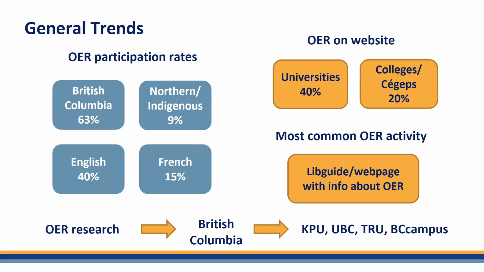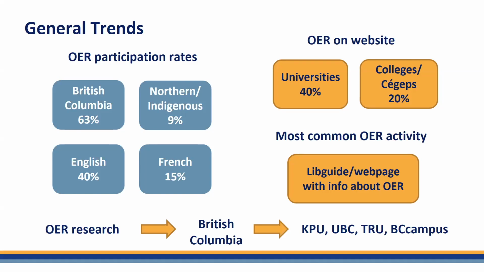In terms of the most common OER activity, we found that having a LibGuide or a web page with information about OER was the most common way that an institution was involved in some way with OER. At the very least, those pages explain what OERs are and also suggest sources for OER.